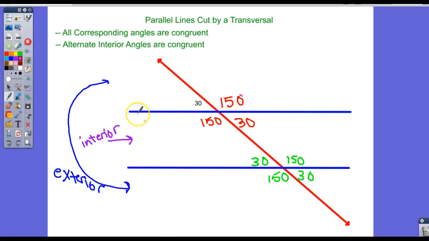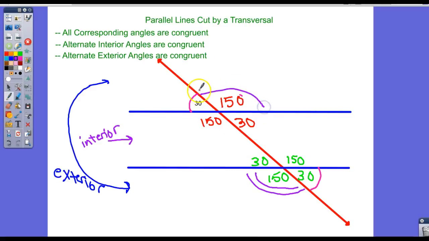So then we say alternate, opposite sides, alternate exterior angles are also congruent. Okay, so that means on the exterior, the outside, this guy is going to be congruent to the alternate exterior on the outside, the other side. And this exterior is going to be congruent to the other exterior on the other side, alternate. Alternate exterior angles are congruent.